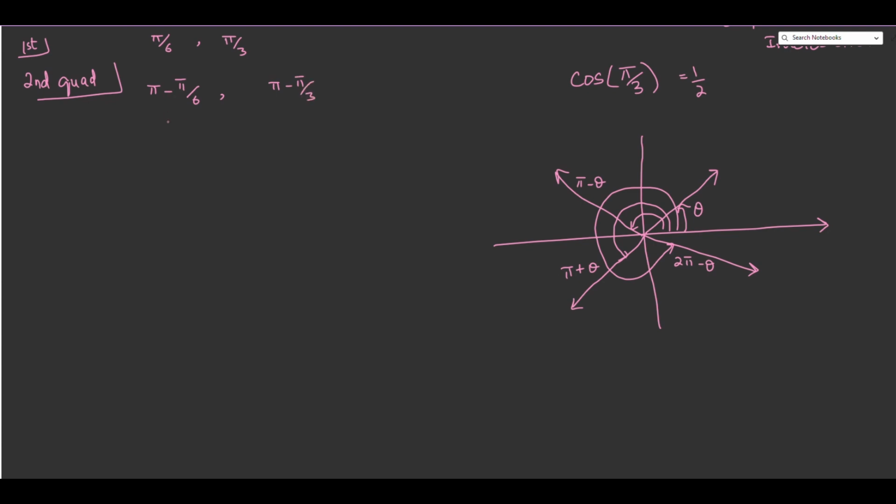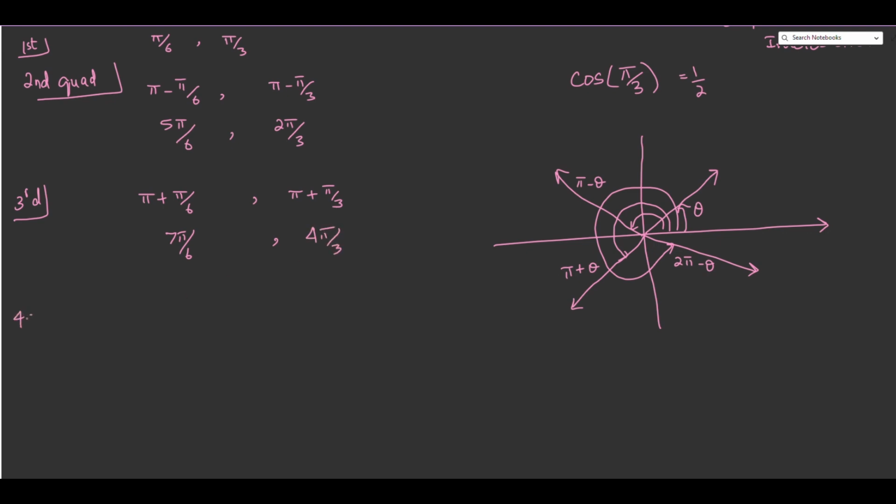So pi minus pi by 6 becomes 5 pi by 6, and this becomes 2 pi by 3. In the third quadrant they will be pi plus pi by 6 and pi plus pi by 3. So pi plus pi by 6 gives us 7 pi by 6, and this is 4 pi by 3.